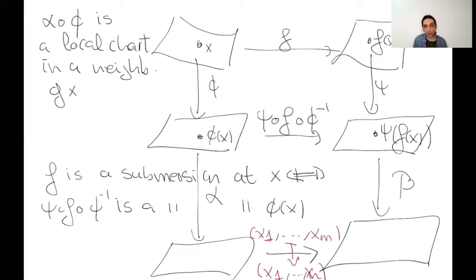This is a local chart defined in the neighborhood of F of X. So now the expression of F in the local charts, phi composed with alpha and psi composed with beta, is exactly this map over here. So as in the immersion case, the theorem that we already know for Euclidean spaces gives us the local normal form of submersions for the more general setting of differentiable maps between abstract manifolds.